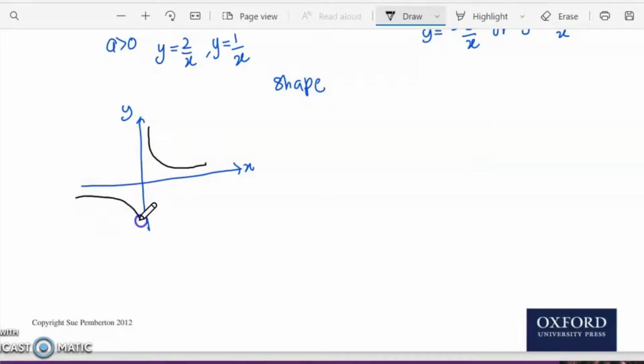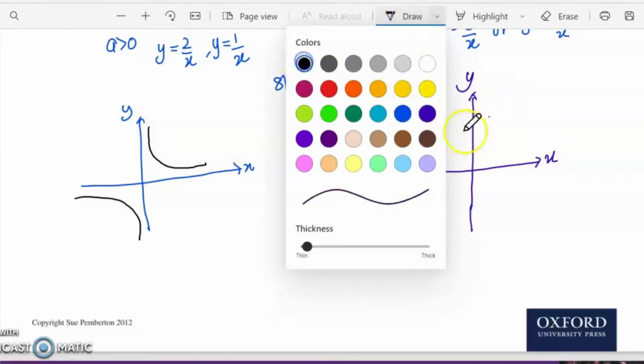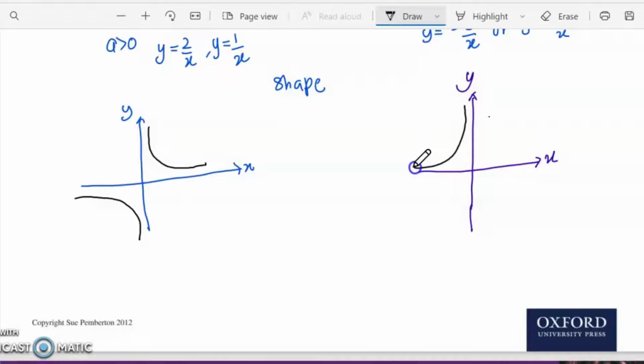This is the positive reciprocal graph. For the negative reciprocal, it will start at the negative part and end at the positive part. This is what the hyperbola looks like.